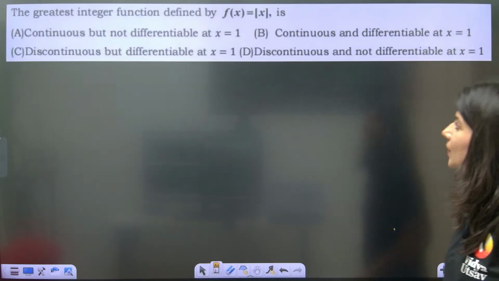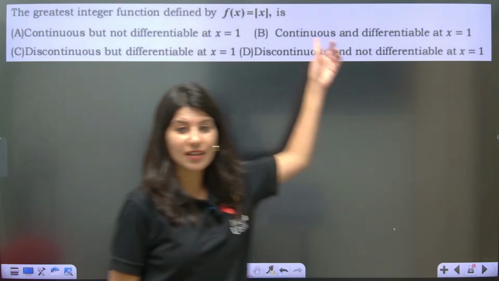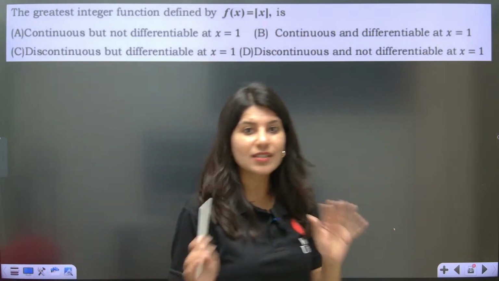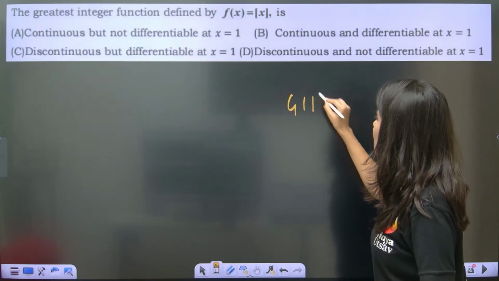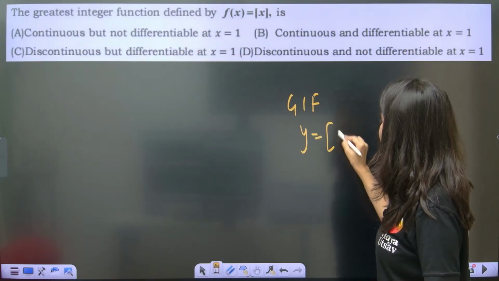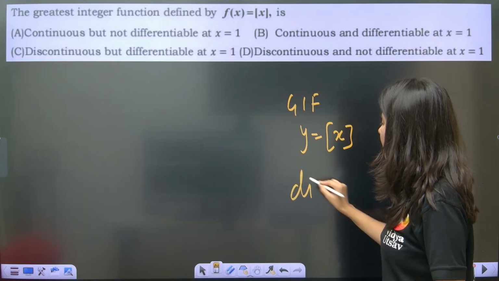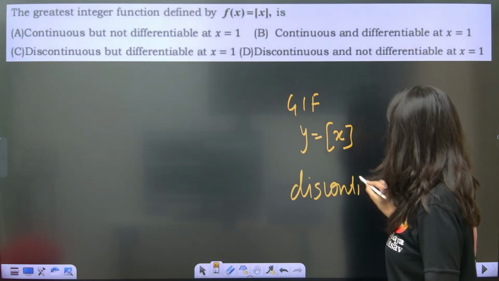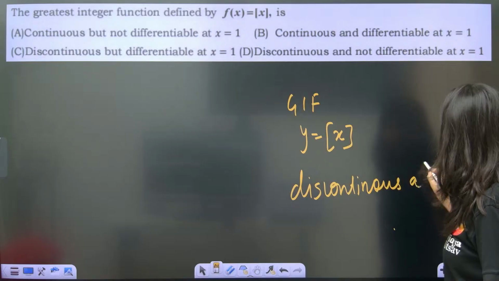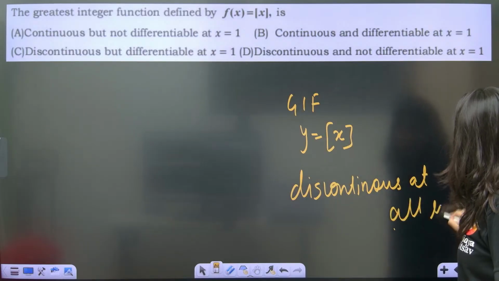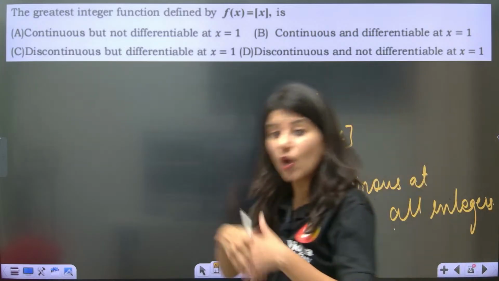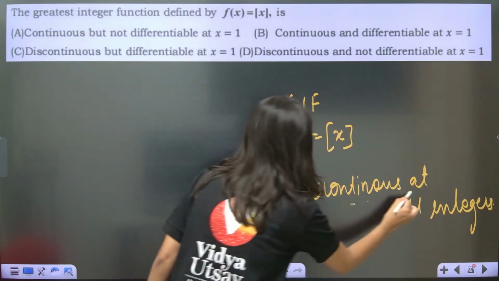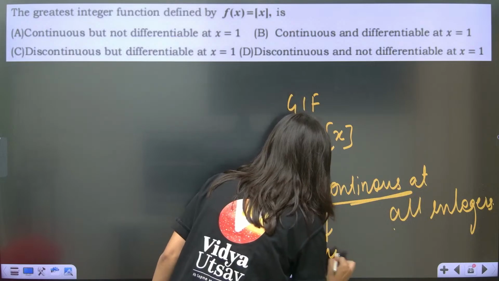Next question. Greatest integer function is what? Now let me just give you the secret about greatest integer function. Greatest integer function, which is y is equals to GIF of x, is discontinuous at all integers. Whatever integer it is, it is discontinuous, and because it is discontinuous, it is non-differentiable as well.